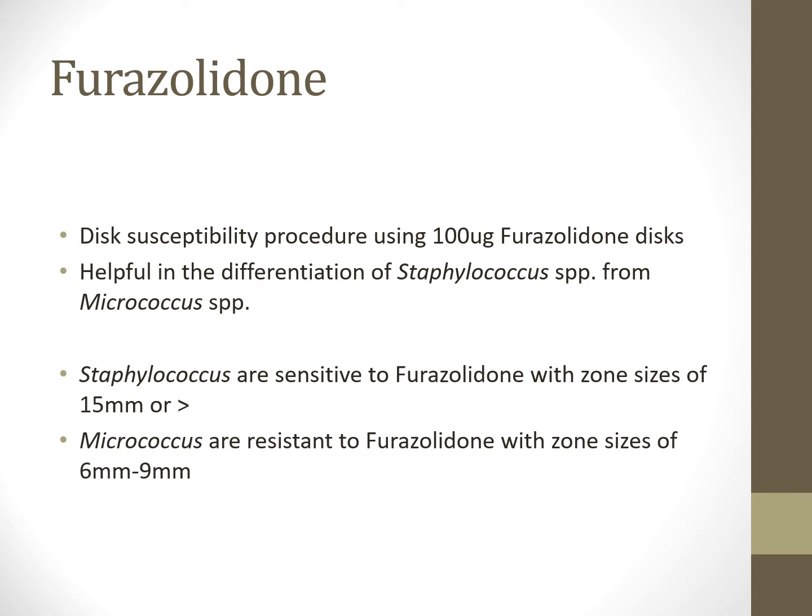At the end of our incubation, if the zone size measures 15 millimeters or greater, then it's got to be a Staphylococcus because they're sensitive to furazolidone. If the size of the zone is 6 to 9 millimeters, then it is considered resistant, and that has to be a micrococcus. So by using the furazolidone disc, we can determine if we have a Staphylococcus genus, which is going to be sensitive, or we have a micrococcus genus, which is going to be resistant to furazolidone. And we're going to be doing this in lab.